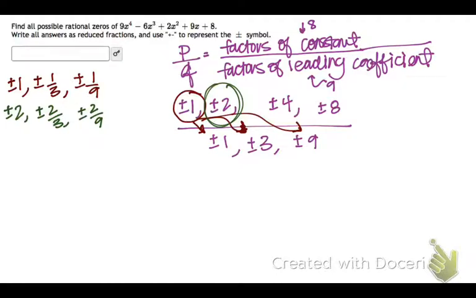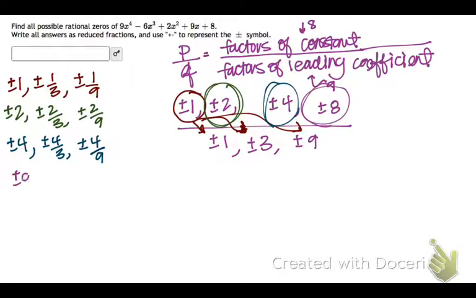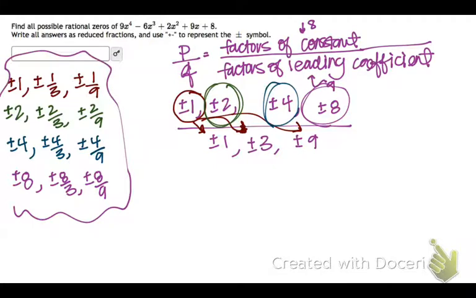Do the same thing with the 4. Get 4, 4/3, and 4/9. Same thing with the 8. Get 8, 8/3, and 8/9. So then these are all the possible zeros. Yes, you have to put the plus or minus.